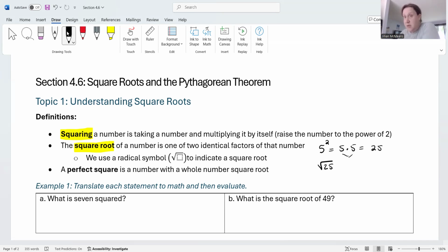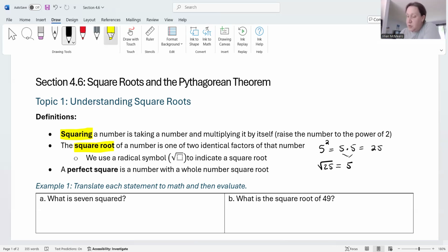The two identical numbers that I multiply to get 25 are 5 and 5. When I find the square root, I just want to list one of those factors. So the square root of 25 is just 5. So 5 squared is 5 times 5, which is 25, and the square root of 25 is just 5, okay?